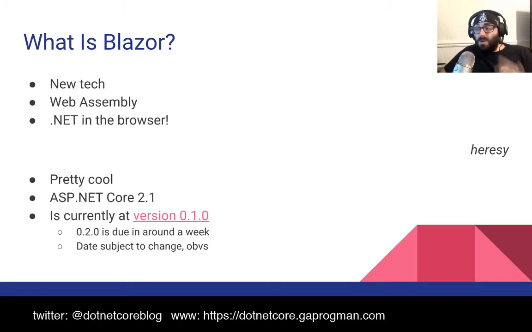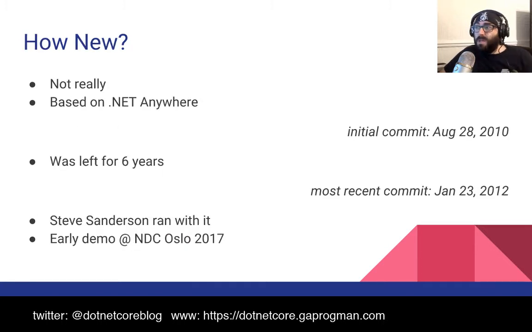It also means that the next version, 0.2, is due out very soon. Because of that, things are going to change. So part of what I'm about to say in this video is probably going to change when 0.2 comes out. It was originally due out in a week, but certain things have happened and it's changed the schedule. So how new is Blazor?